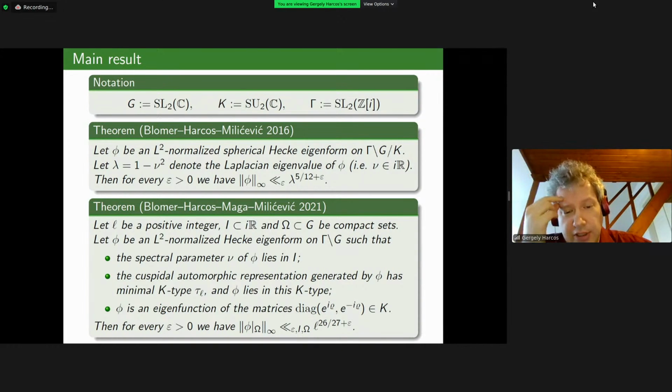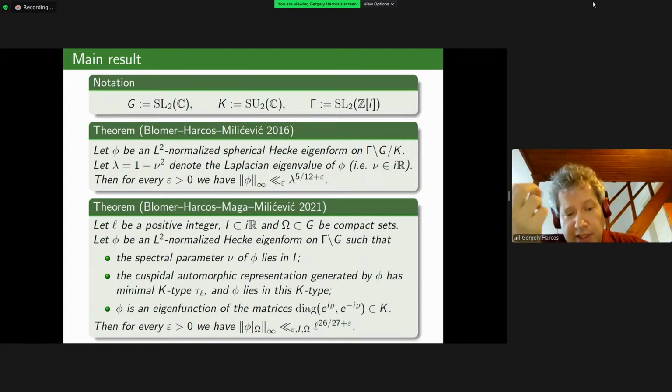representation that occurs has multiplicity 1, and they form a consecutive sequence of representations starting with some minimal one that we call tau L. So there is a minimal dimension of a K type that occurs in the automorphic representation, of dimension 2L plus 1, and then also dimension 2L plus 3, 2L plus 5, all those occur.